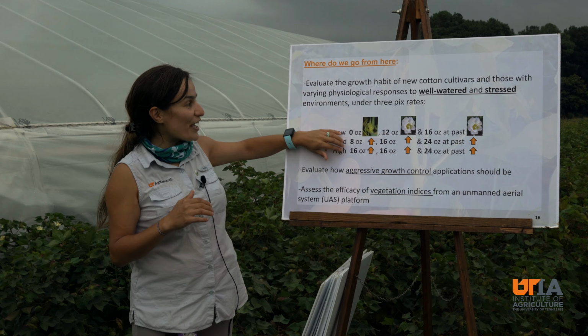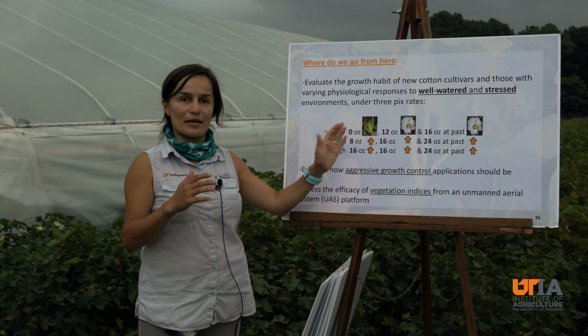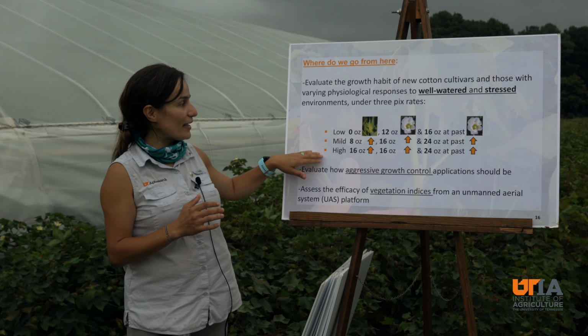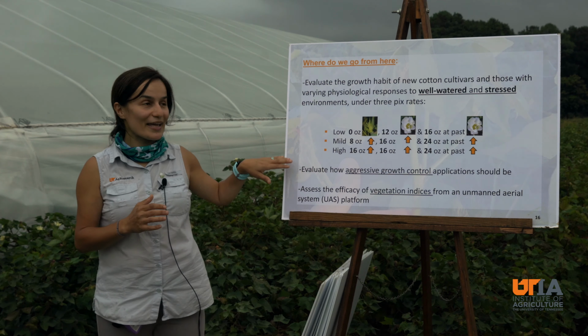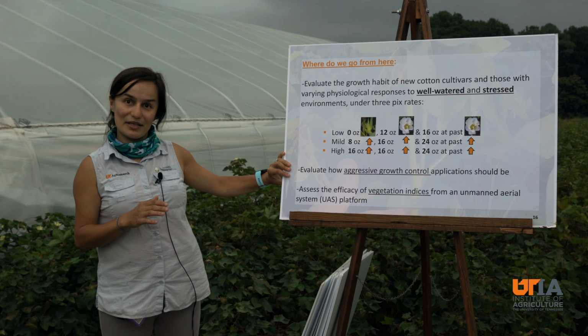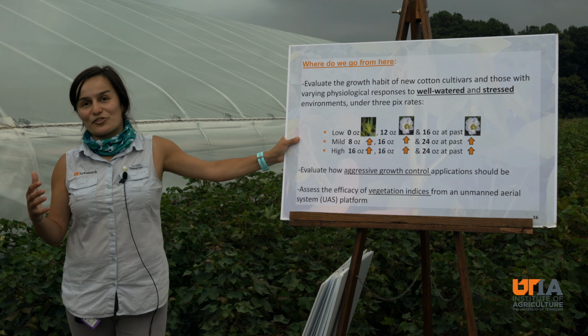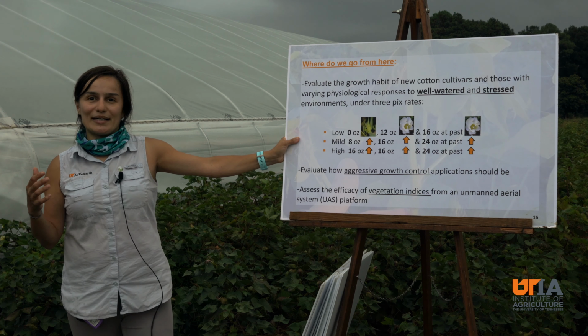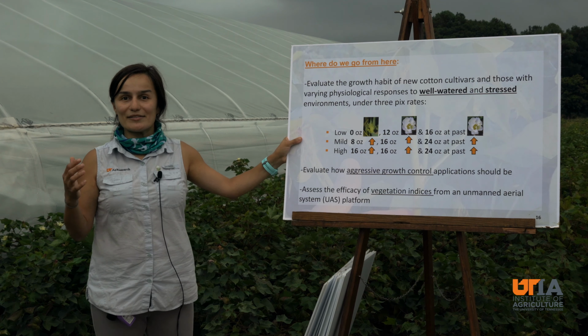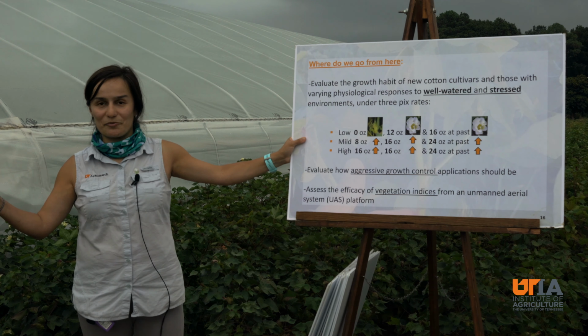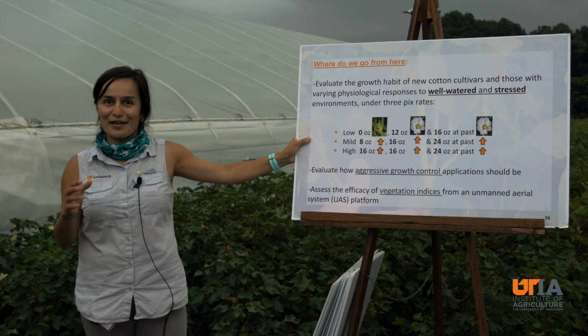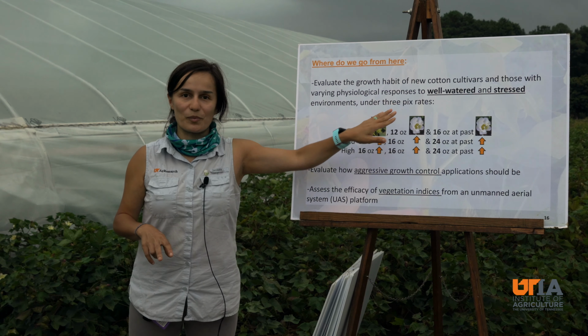So we're gonna change the amount, from low to high, under both water availability and stress. Then we're gonna look at the architecture of the plant and see how the cultivars and the rate, from being aggressive to passive, change under both conditions of stress and well water.